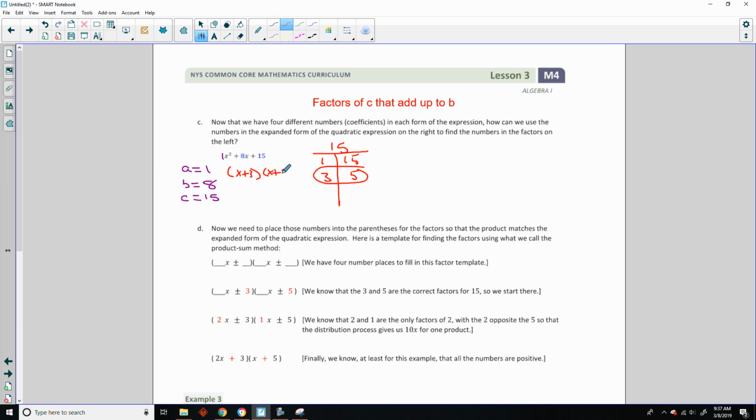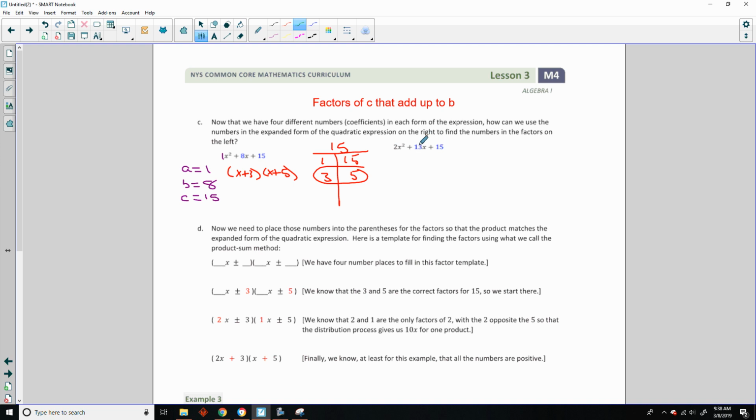Okay, but now when we do the other one, this one, where we have a leading coefficient other than 1, we can't do factors of C that add up to B because there are no factors of 15 that add up to 13. It just doesn't work.